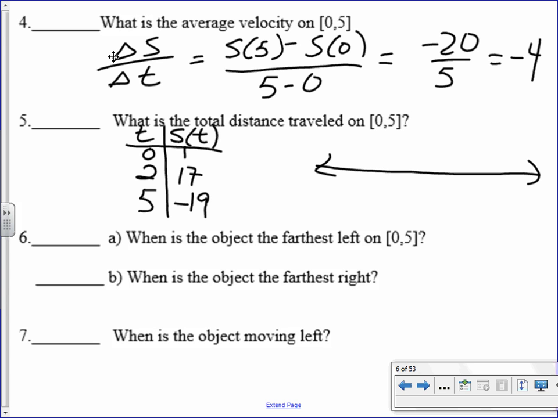At time 0, it starts out at 1. At time 2, when t equals 2, it's moved over to 17 on the number line. So 2 seconds later, it has traveled from 1 to 17. So it's already traveled a distance of 16. And then between times 2 and 5, it turns around, remember we said it turned around? And it goes all the way back to a position of negative 19.